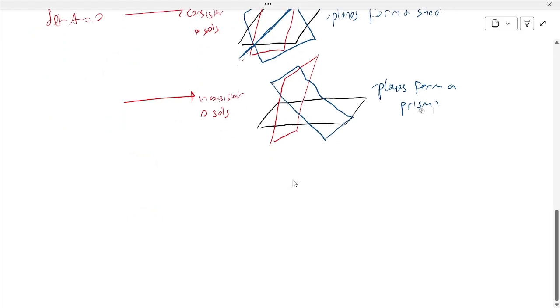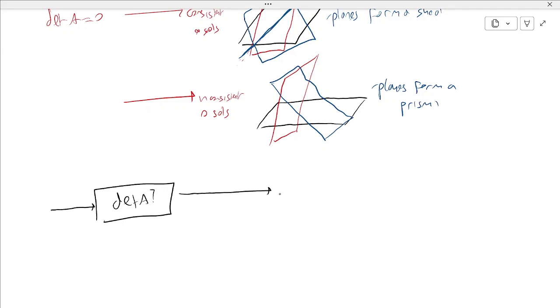If I were to recap it all in a flowchart, step number 1 would be to check the determinant. What is the determinant of that matrix? Sorry, let's do not equal to 0 first. Then we know we have a unique solution.